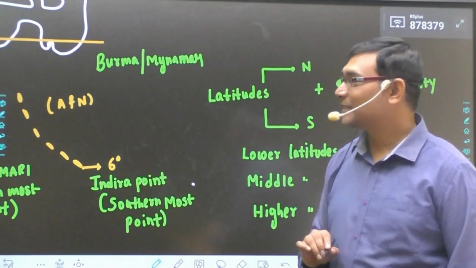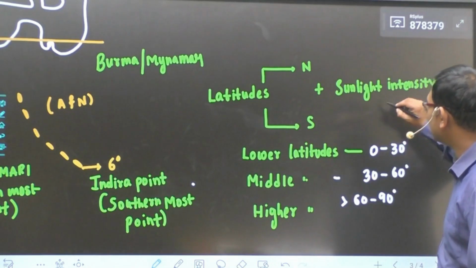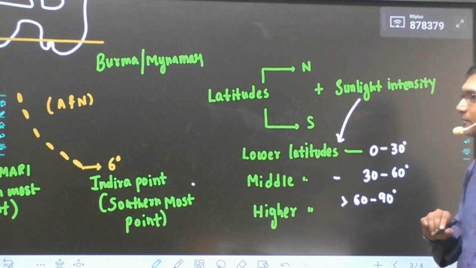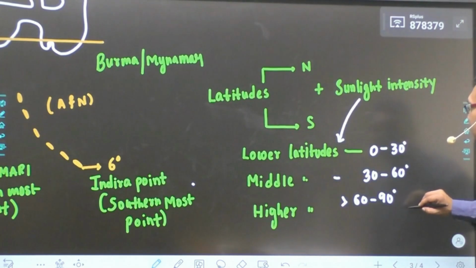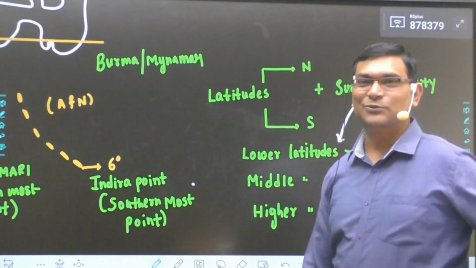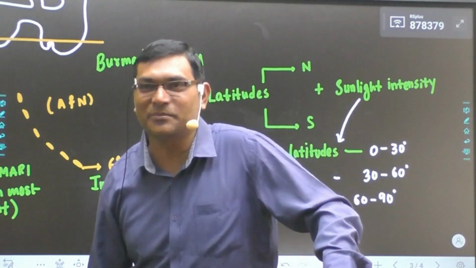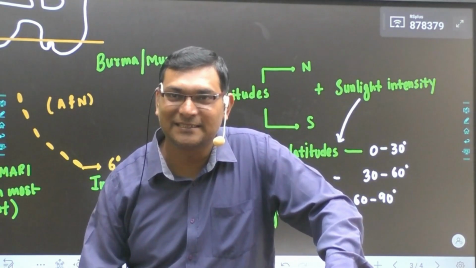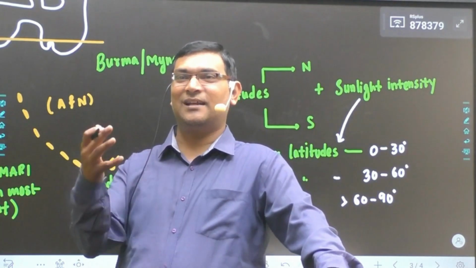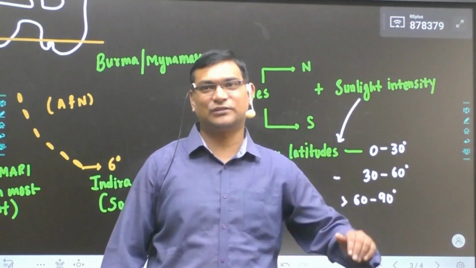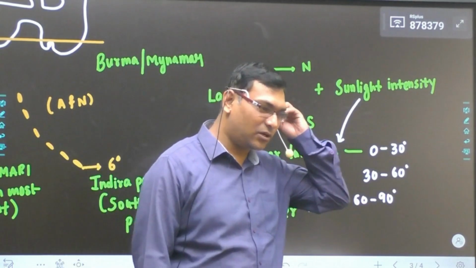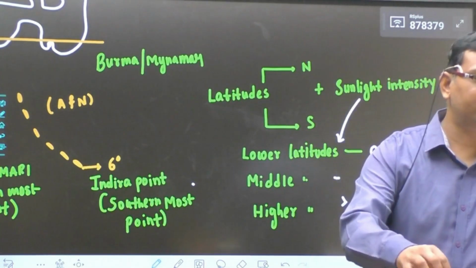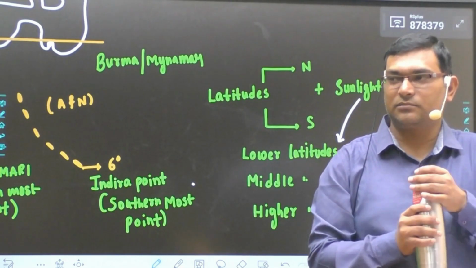Yes or no? Now tell me, what will the sun intensity be at the lower latitudes, high or low? At the higher latitudes? Low. So what is the significance of the latitudes? First, north hemisphere or south hemisphere. Second, sunlight intensity. These are the first latitudes. Is it clear, or any doubts?